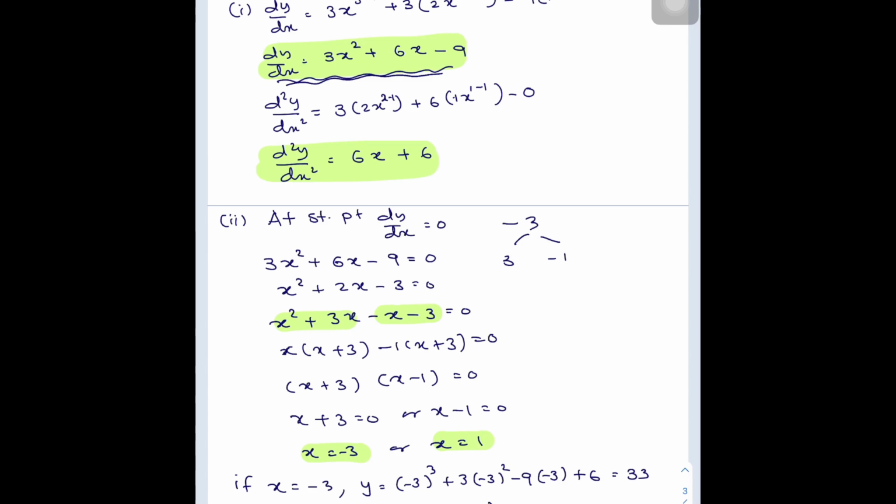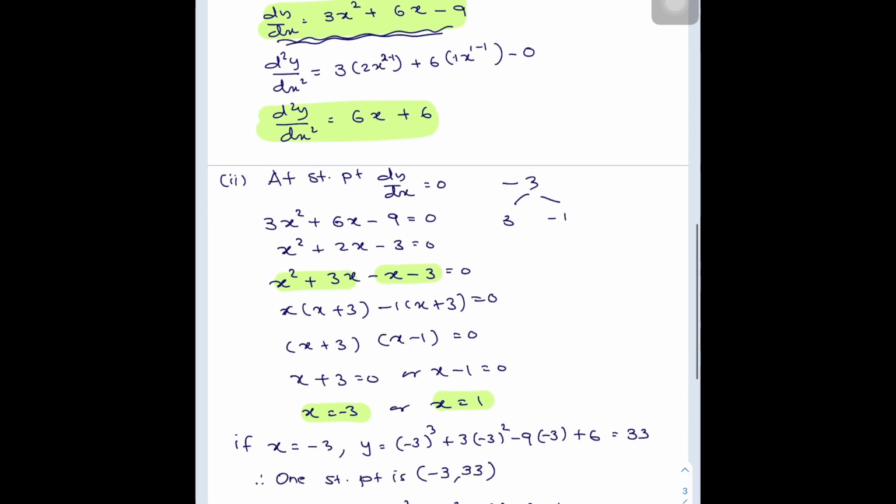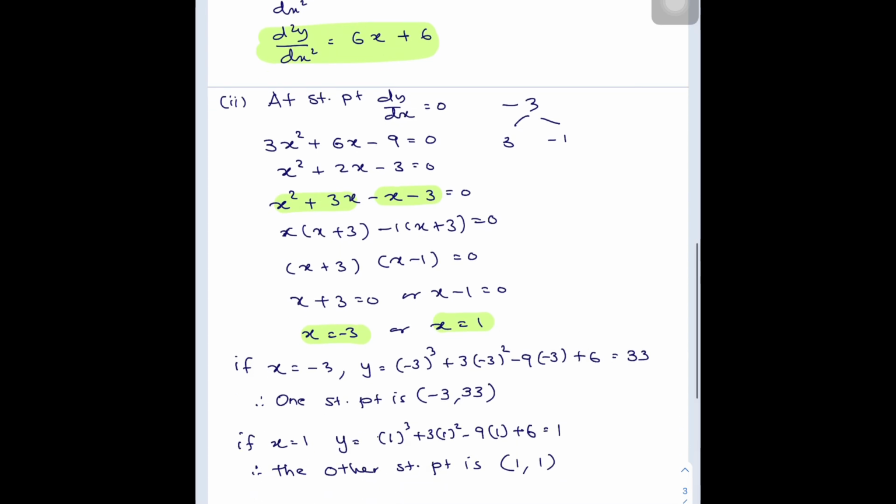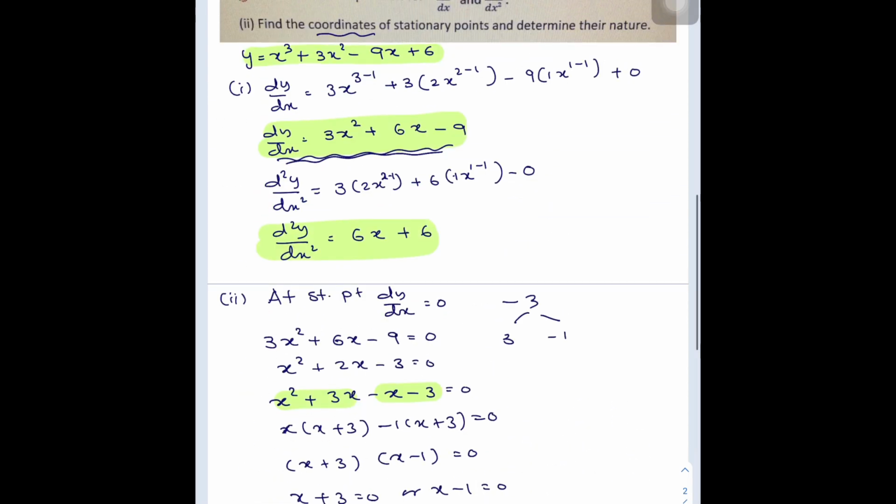Negative 5 plus 6 is 1. That's perfect. Therefore, the other stationary point is 1, 1.